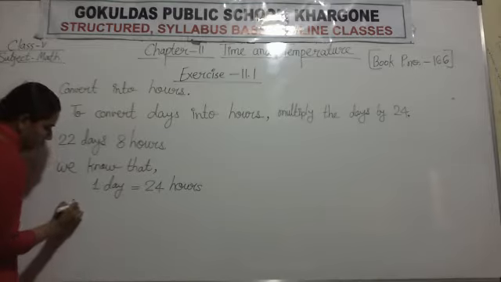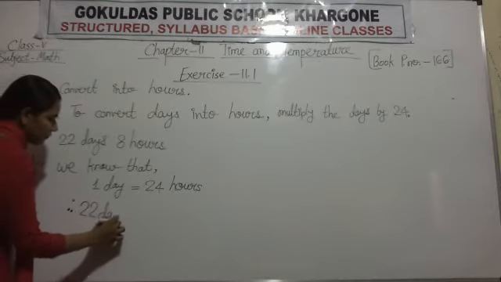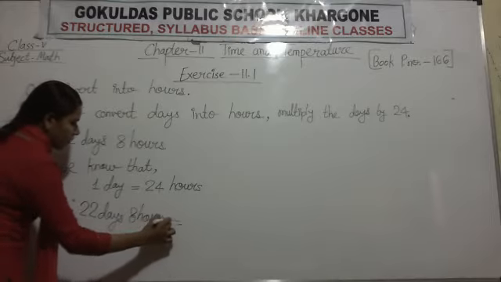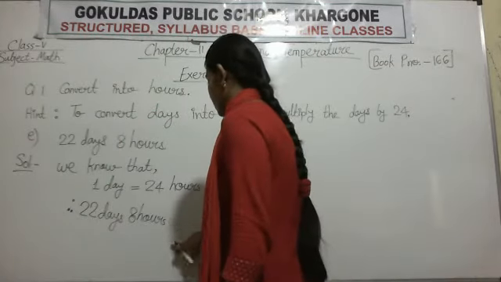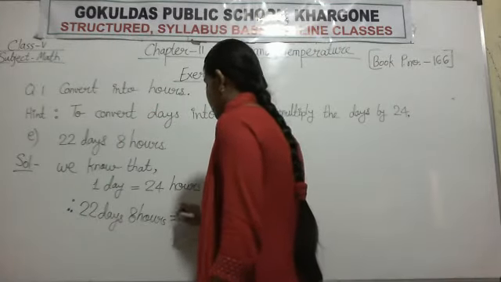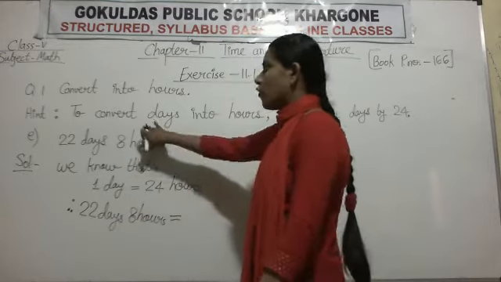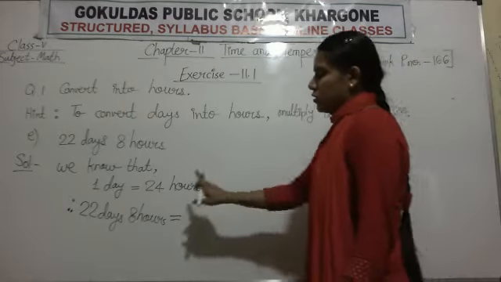Therefore, what is our question? Our question is 22 days 8 hours is equal to... As 22 is written with days, we multiply days with 24.